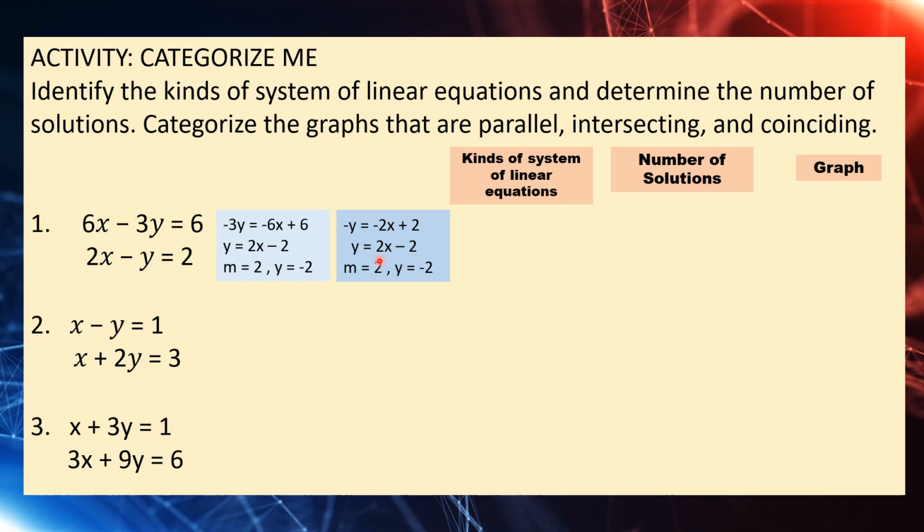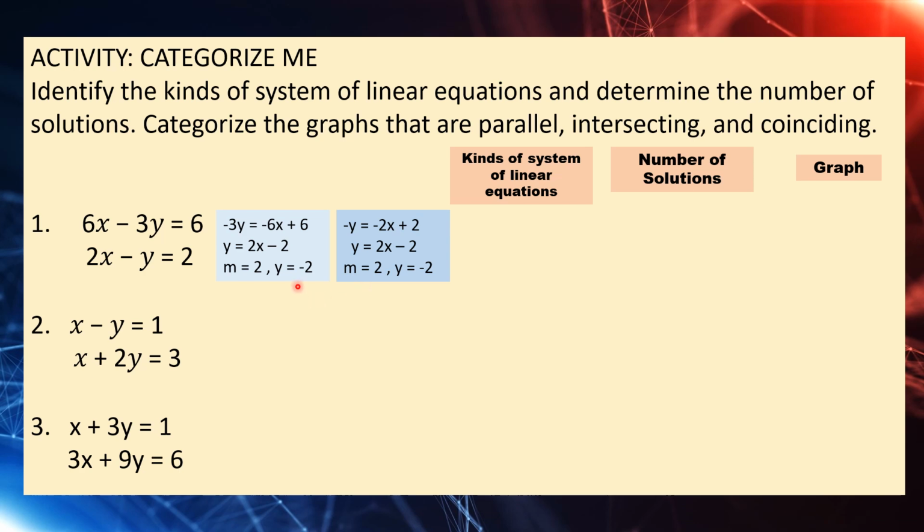So, let's determine the slope and y-intercept. Our slope here is positive 2 and our y-intercept is negative 2. So let's compare their slopes and y-intercepts. As you can see, their slope is both positive 2. They are equal.